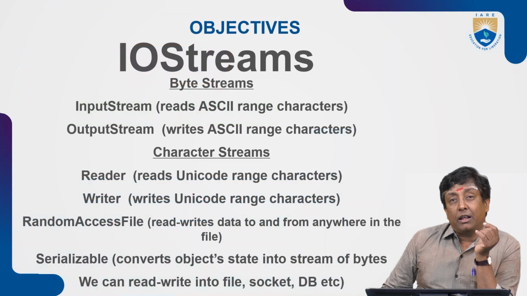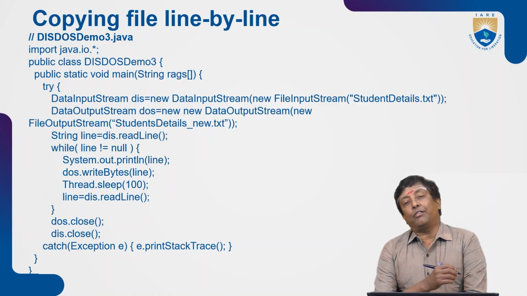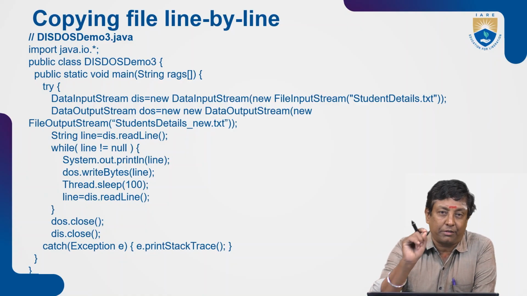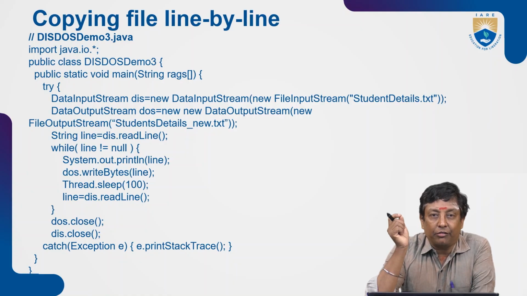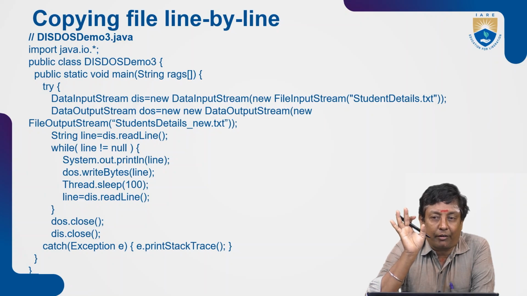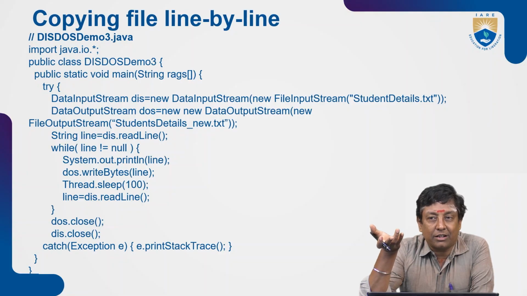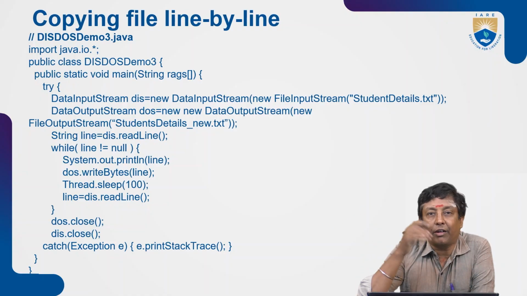Today's topic is data input stream and data output stream. In the last class, we covered file input stream and file output stream. In that, we read each character's ASCII value from the file and check whether that value is not equal to -1. If it is not -1, then something exists in the ASCII range, 0 to 255.